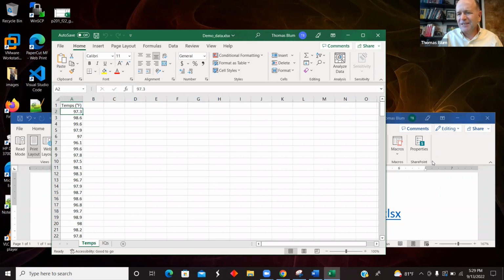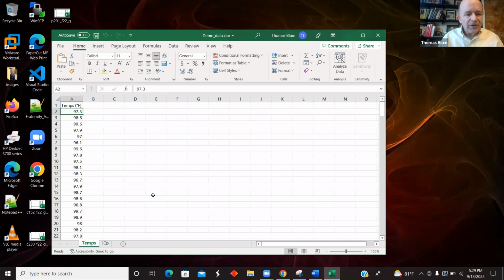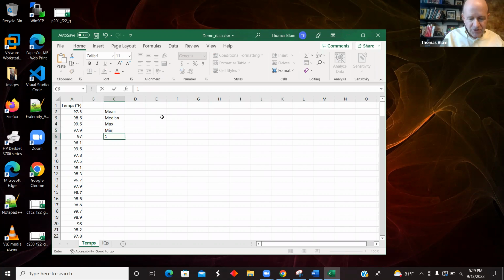I'll work with the temperature data. Everything can be done with the IQ data as well. So I'm going to generate, let's say, the mean, the median, find the maximum of the data, the minimum of the data, the first quartile, a third quartile.